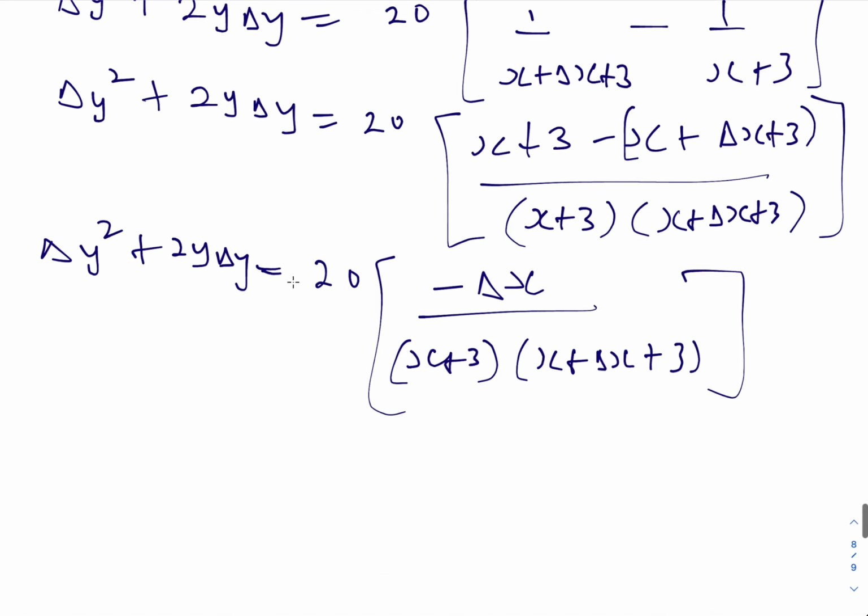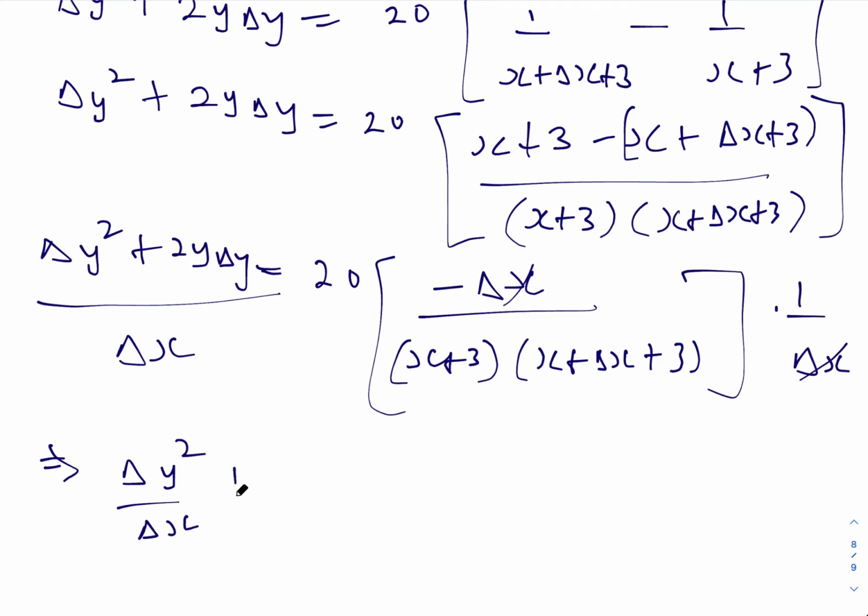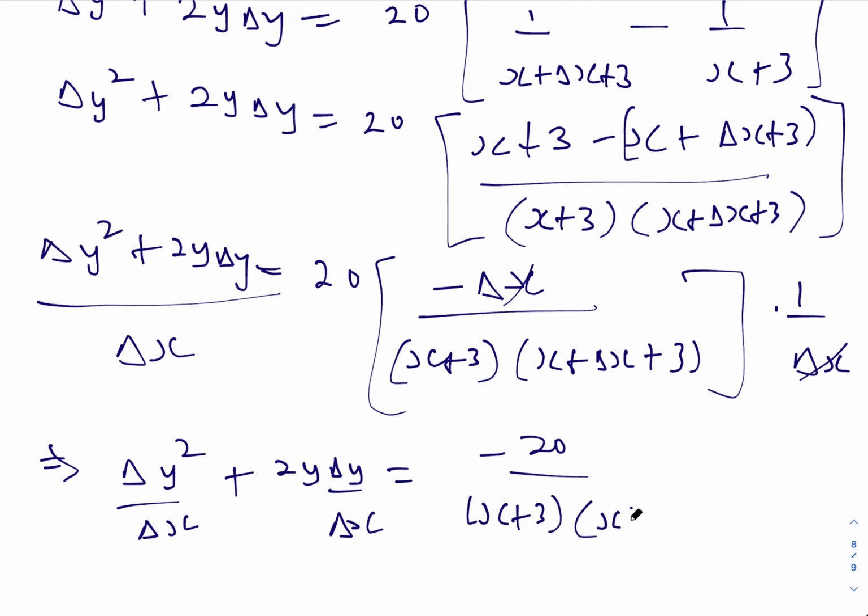Now let's divide through by delta x on both sides, which is just like multiplying by 1 over delta x. This gives delta y squared divided by delta x plus 2y delta y divided by delta x equals negative 20 divided by (x plus 3) multiplied by (x plus delta x plus 3).